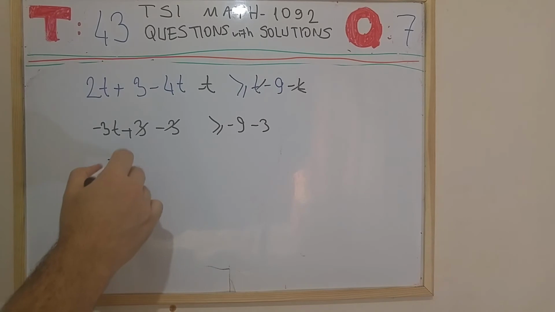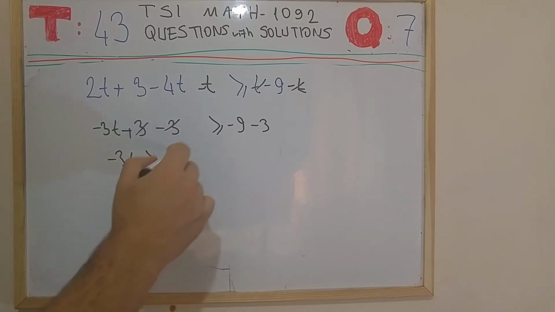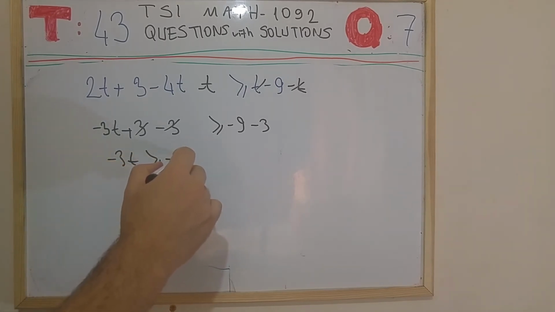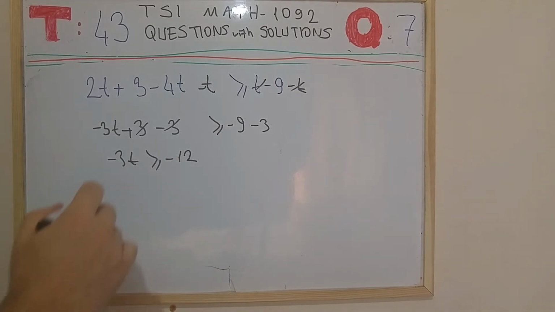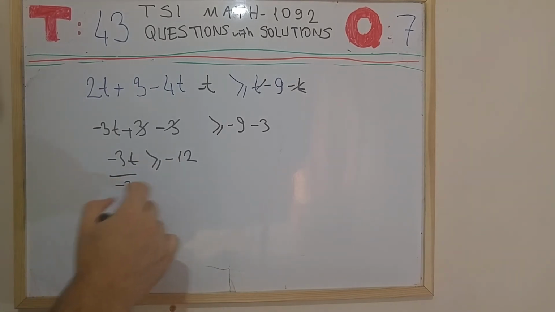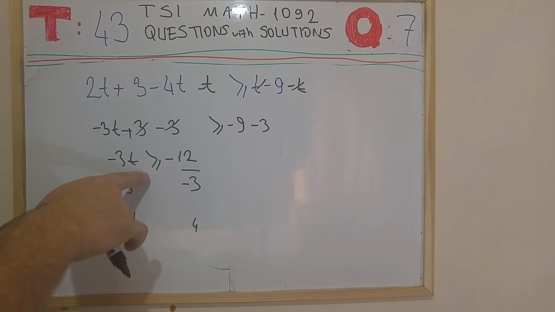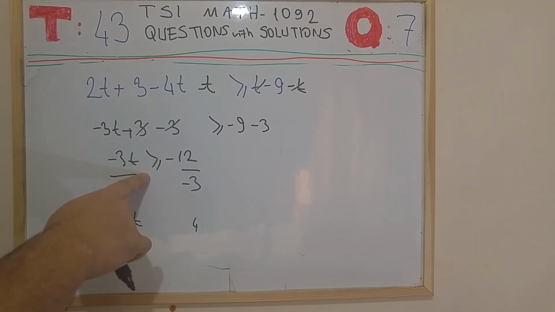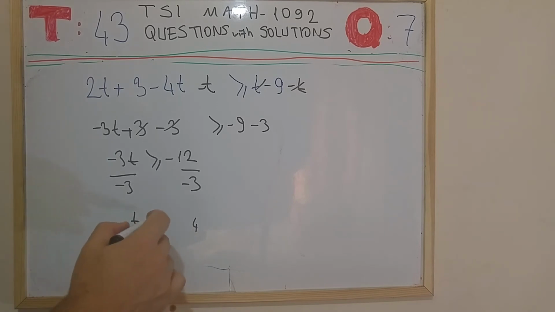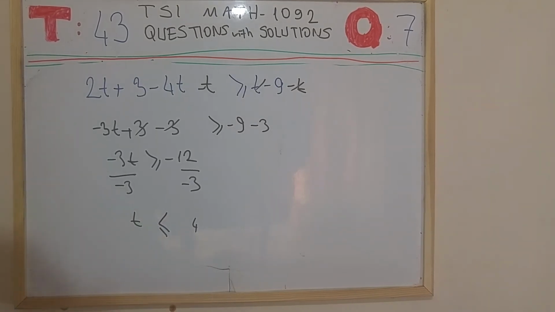So minus 3t is greater than or equal to minus 12. Let's divide each side by minus 3. So what I have is t here and plus 4 here. As you remember, the inequality changes direction when it is multiplied or divided by some negative number. So this is going to be less than or equal to 4.